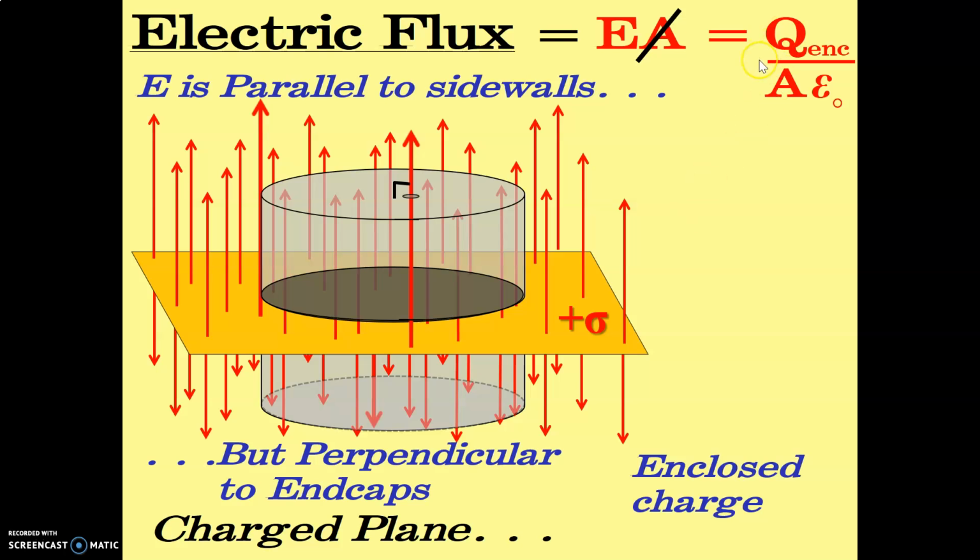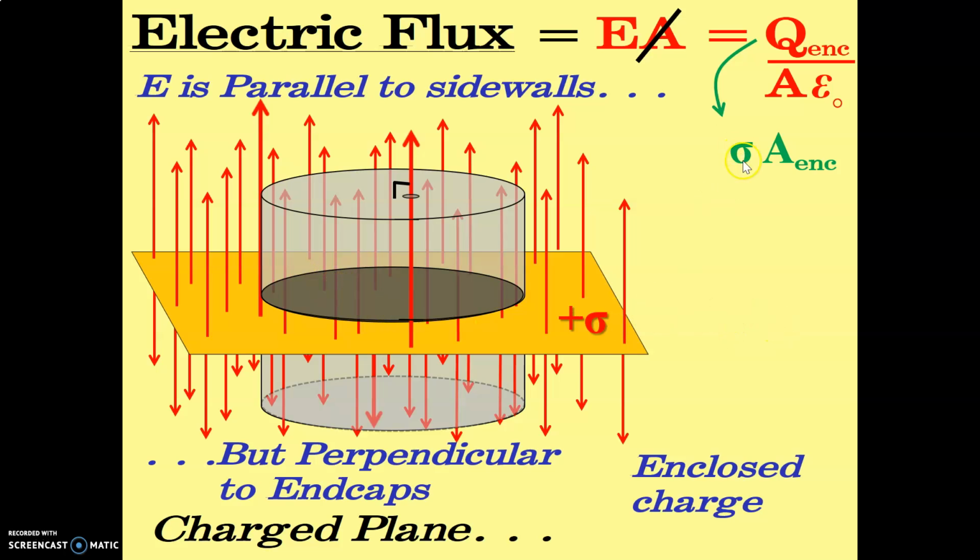If we consider what this Q enclosed idea is, Q enclosed is going to be our amount of charge per square meter multiplied by the enclosing area. Okay, so if you look at that, here we've got a pretty specifically defined enclosing area. It's going to be the area of a circle that we're enclosing some charge on.